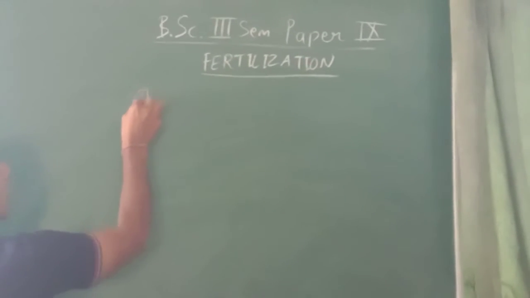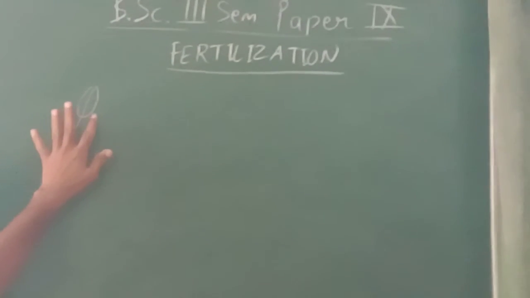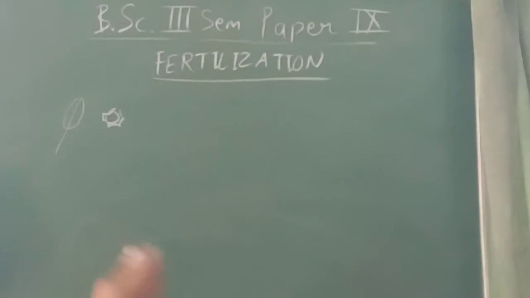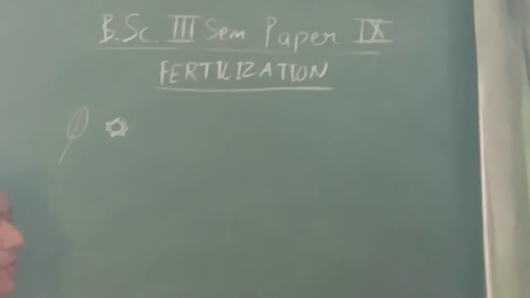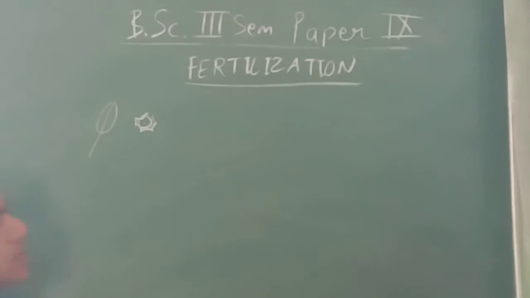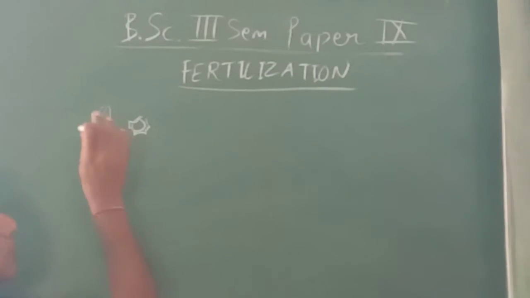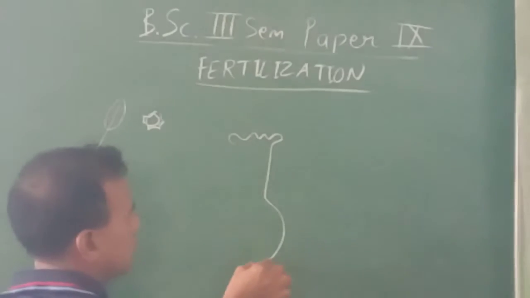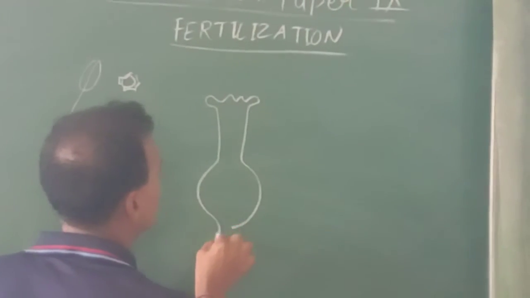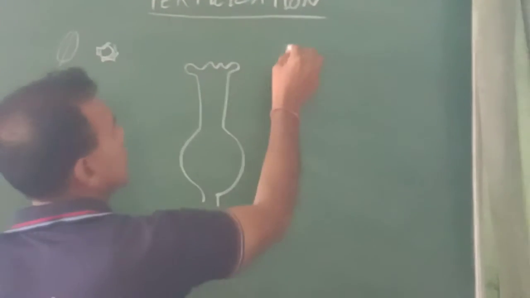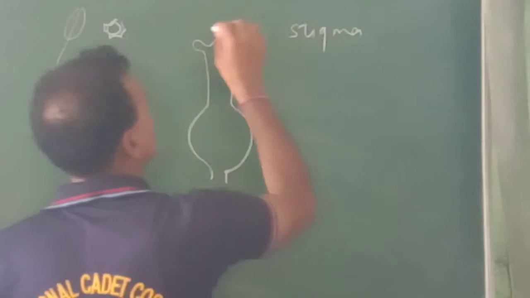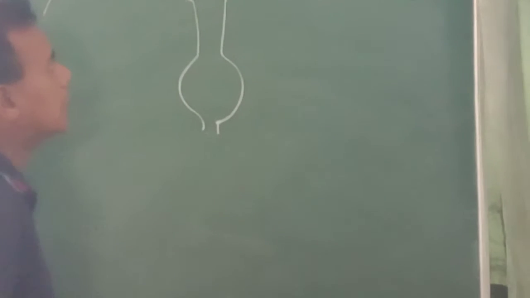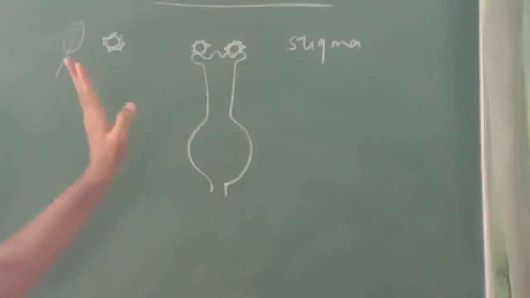As the pollen grains are released after the dehiscence of the anther by various agencies like wind, water, insects, they reach from the male part to the female part, that is the stigma.